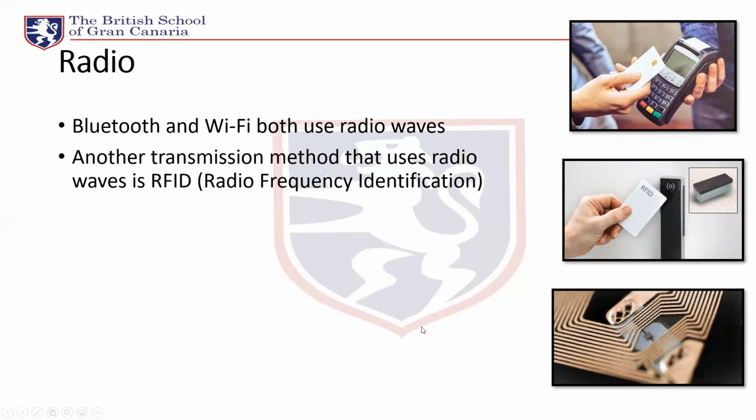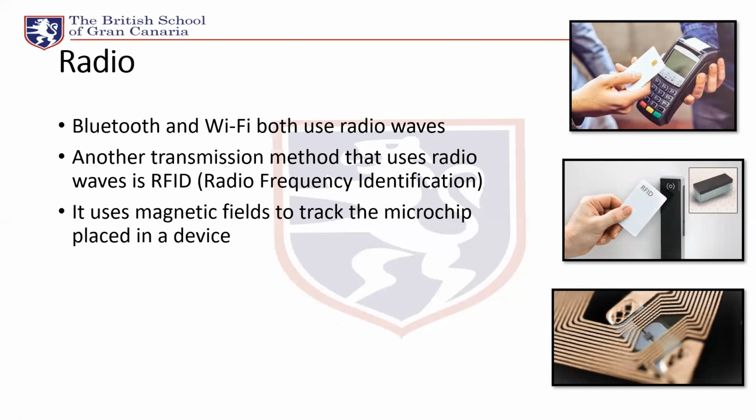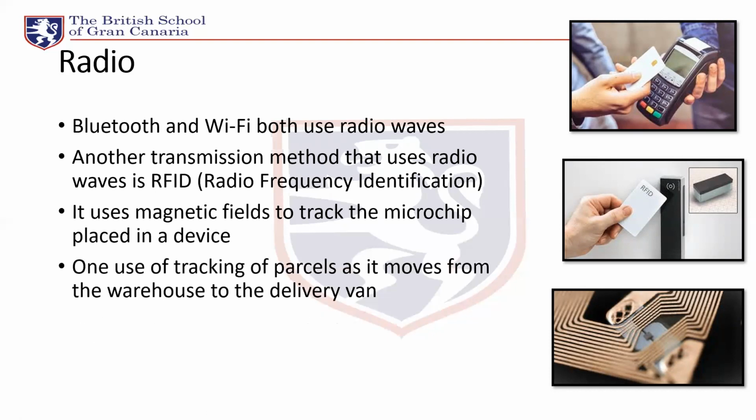Okay, so another transmission method that uses radio waves is RFID. That stands for radio frequency identification. Now what they use is magnetic fields to track the microchip placed in the device. One of the tracking uses is tracking parcels as they move from the warehouse to a delivery van.